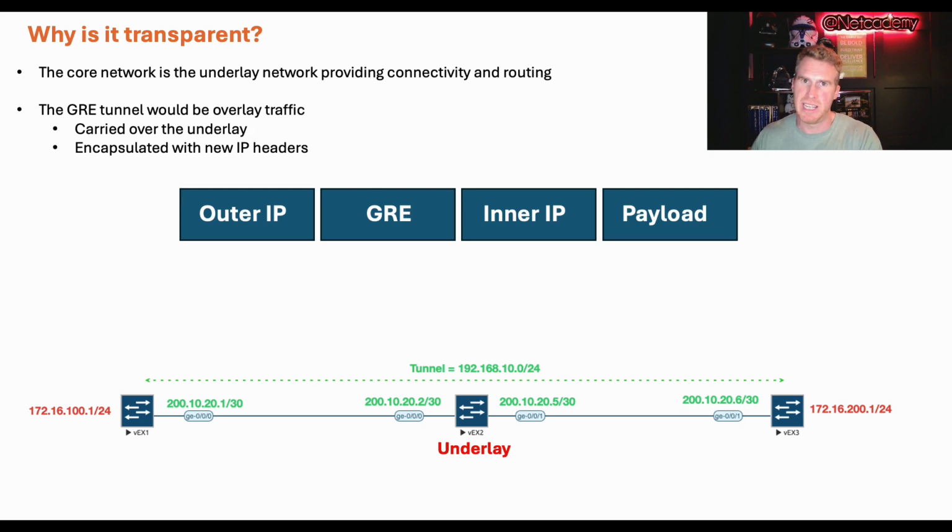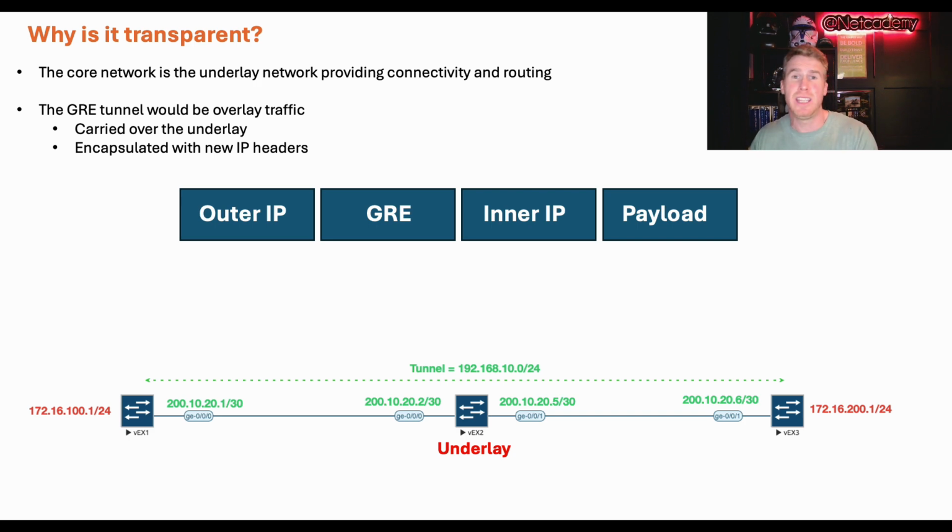So from right to left, we've got the payload and the inner IP, both source and destination. And when these packets need to go through a tunnel, GRE adds on a GRE header and an outer IP source and an outer IP destination IP address.